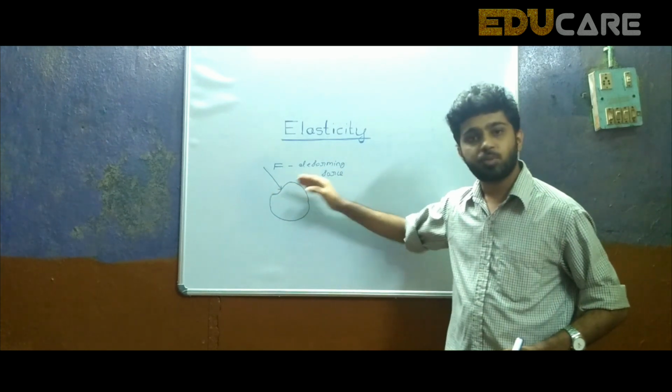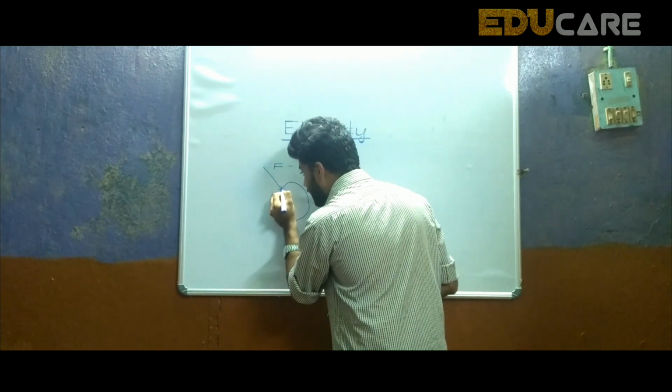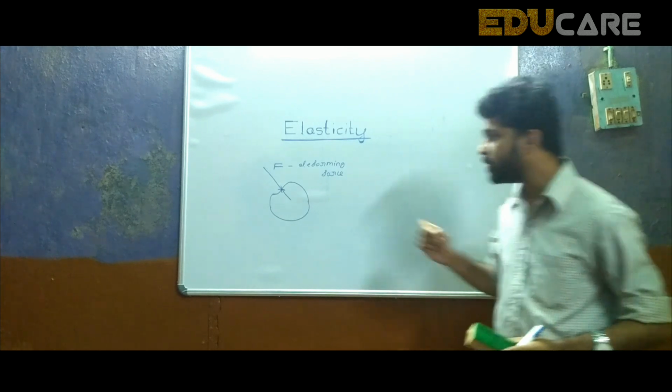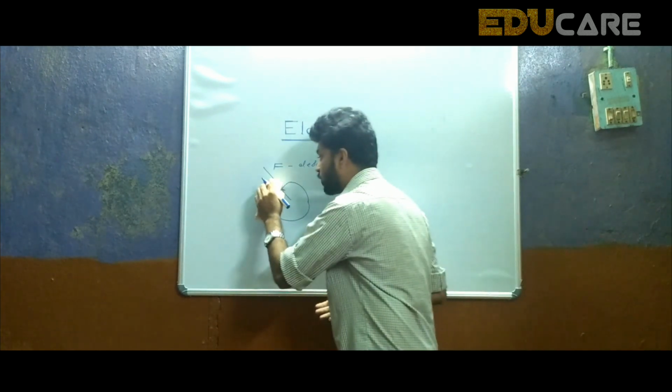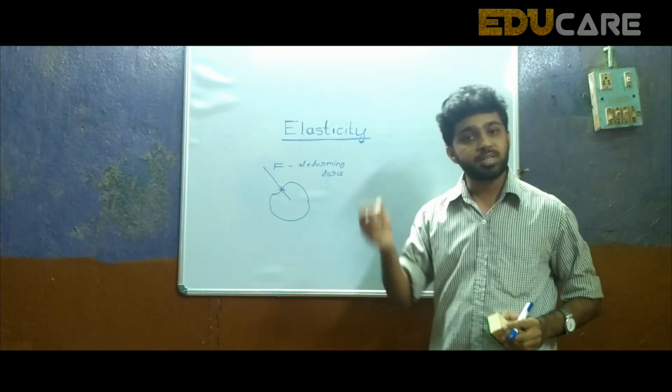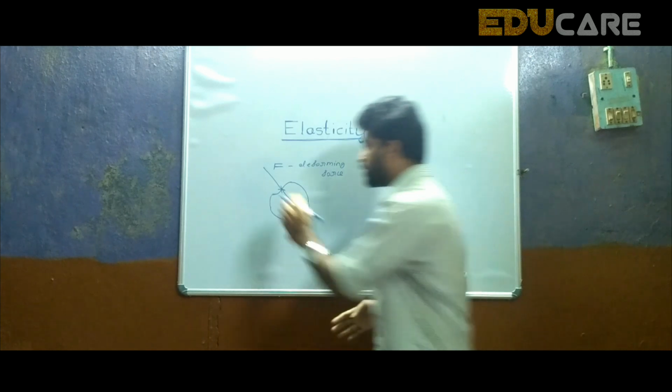When the deforming force is acting on the body, an inside force is developed which opposes the deforming force. That is responsible for the regaining of the original size and shape of the body when the external force is removed.